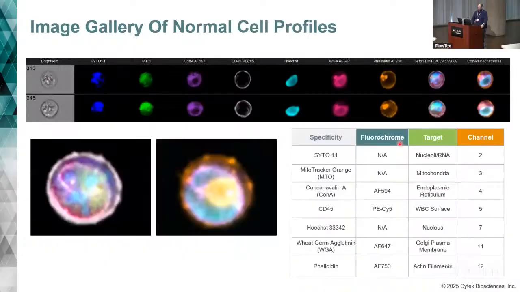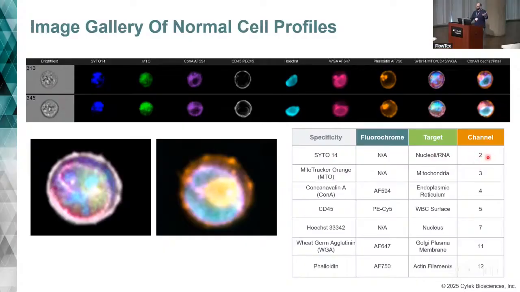And these are 60x images on the ImageStream. As I said, they're simultaneously collected across the board. So we have a bright field image, and then you have your various markers, and this is the channel that they went in. The idea behind this was if somebody wanted to repeat it, we're more than happy to share how we did it and which markers we used. We have Cyto14, which is a nucleoli RNA stain that sits in channel 2.